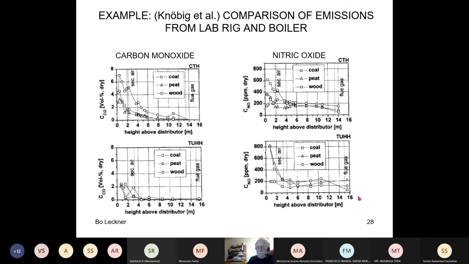But on the whole, the emissions were quite similar. That was a kind of experience in scaling, not perfect scaling, but we tried to compare two quite different units to see what happened.